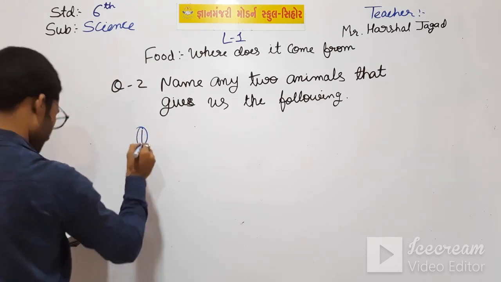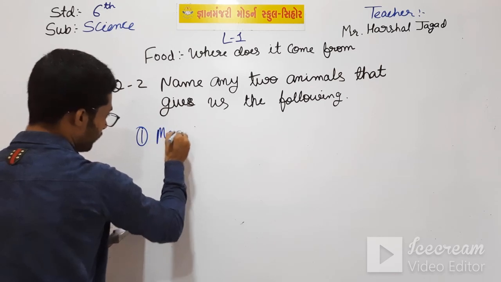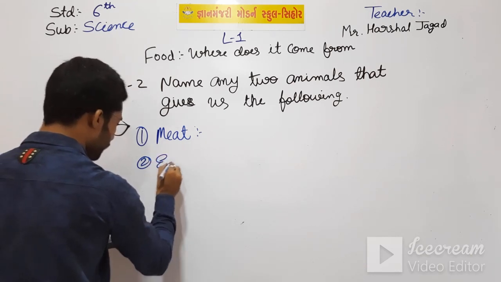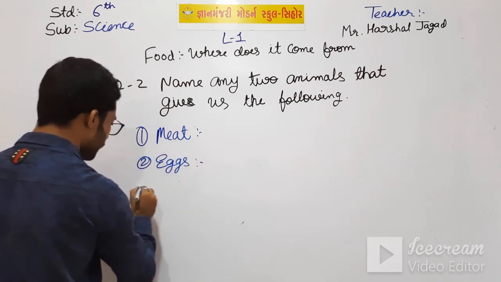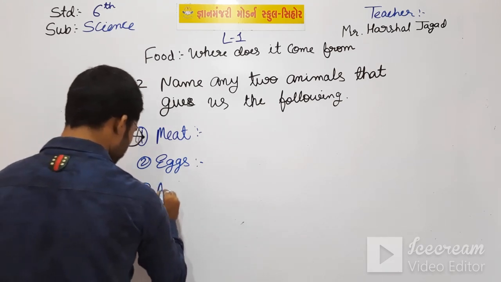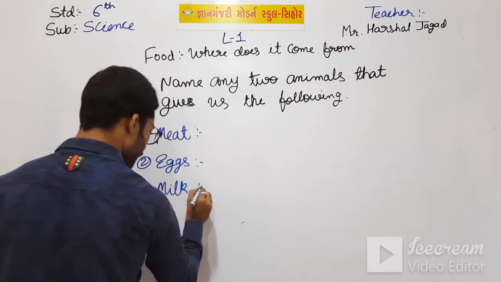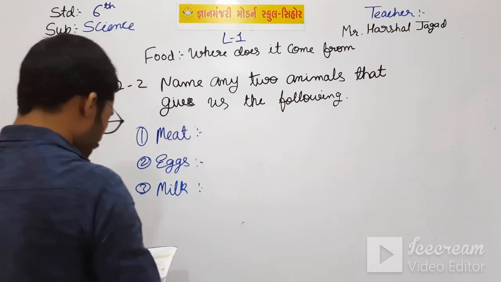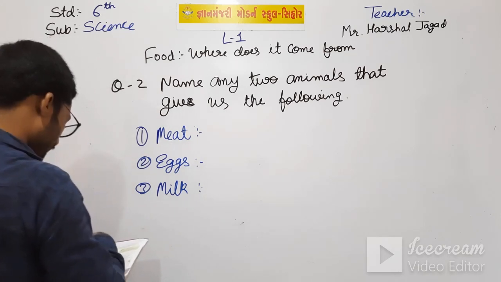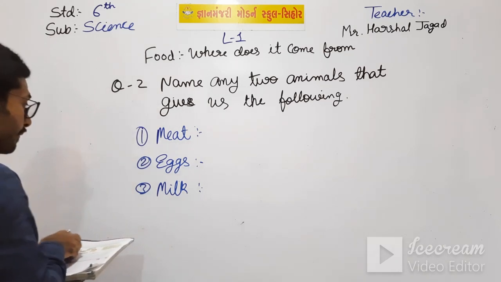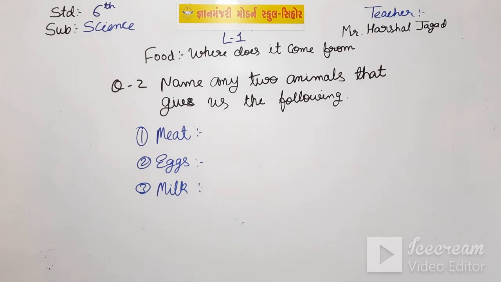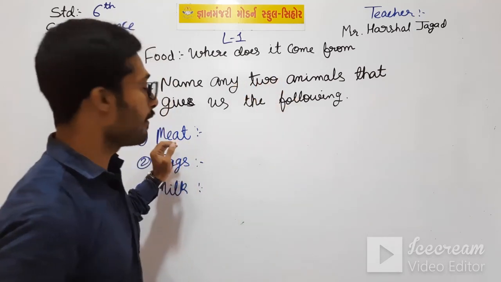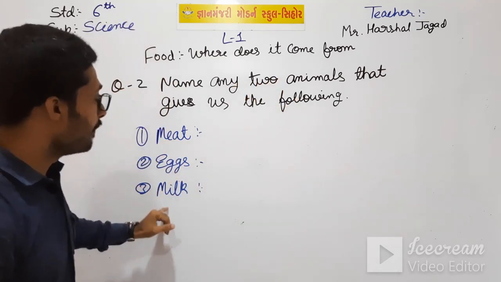First, meat. Second, eggs. Third, milk. So, you have to write two animals' names from which we get meat, eggs, milk.